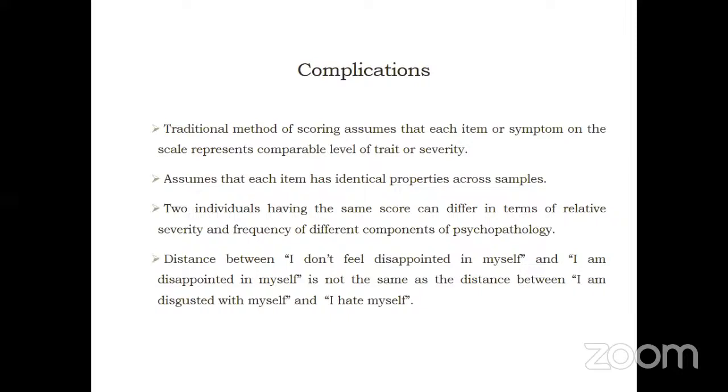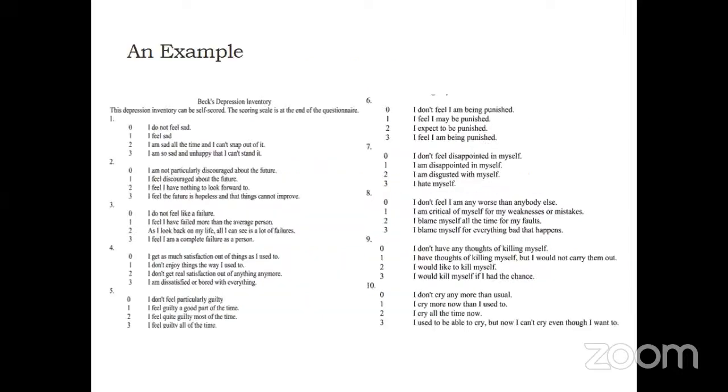Again, 2 individuals having the same score can differ in terms of relative severity and frequency of different components of psychopathology. How so? Just consider two people getting a score of 30. Both of them getting a score of 30. Now we have an item here, item number 9, which talks about suicidal ideation.